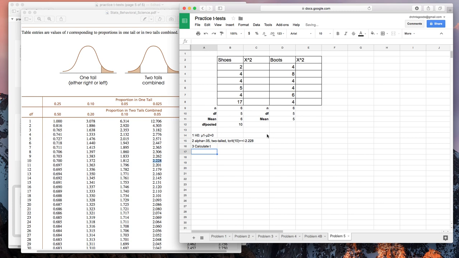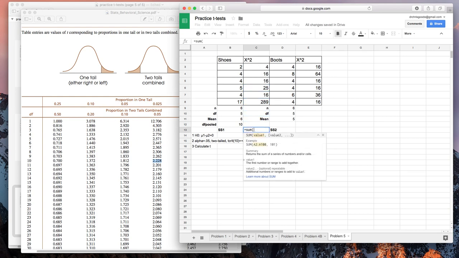Alright, step 3, calculate t. We know that we need to start with our sums of squares. In video 4, we saw how to do sums of squares just using scores and squared scores in one formula. So if we square all these scores, we can write this long formula. It's the sum of the squared scores. Let's go to the formula sheet.